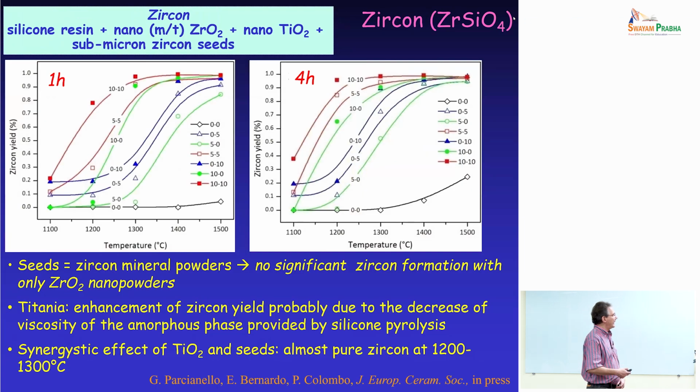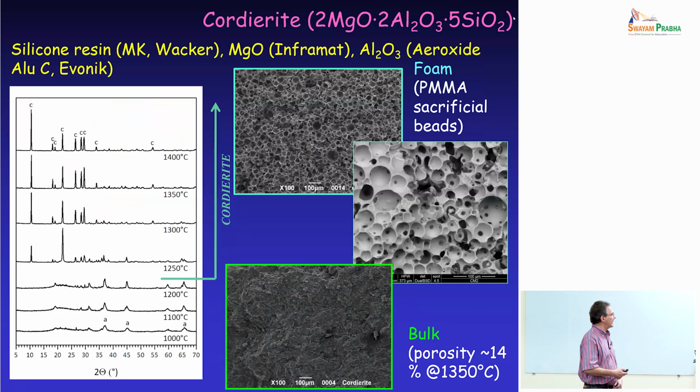We also made zircon, which is a very interesting material for high temperature application. So it's a zirconium silicate. In this case, we needed to control the phase formation using a sintering aid, a seed based on titanium dioxide.